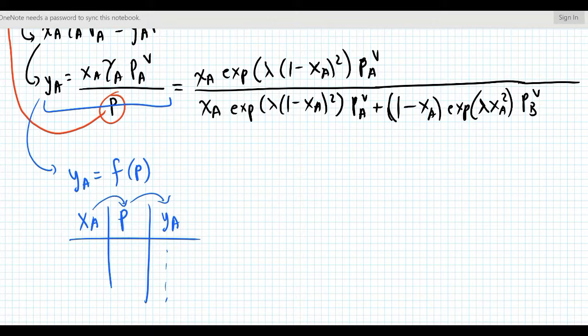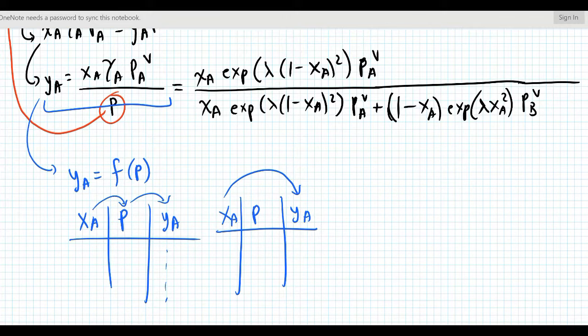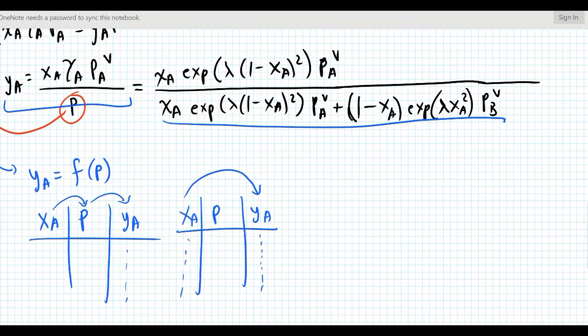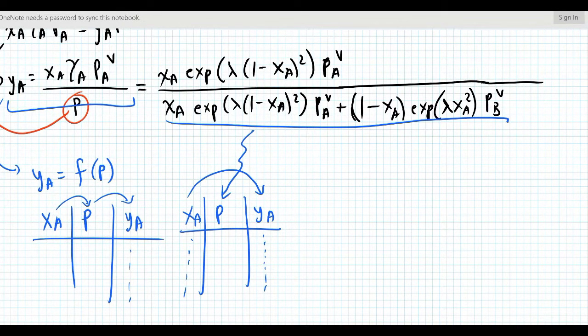Or you can just write the whole thing directly as yA as a function of xa, because you picked those xa values. And then the corresponding yA values should come, since this denominator is already equal to this P value. So all of the equations can remain consistent this way. So it's your choice, however you want to plot it.